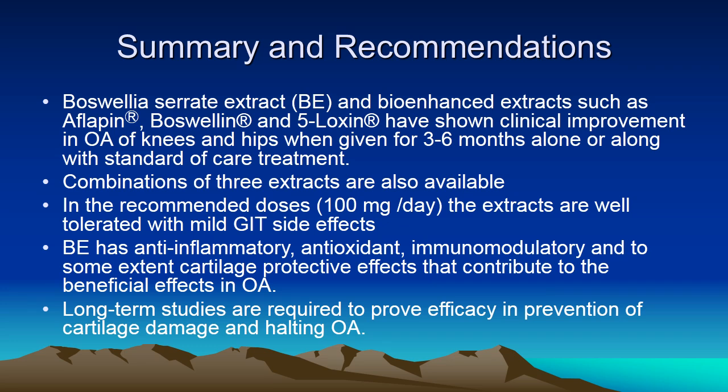In the recommended doses of 100 mg per day, the purified extract is well tolerated and may cause mild GIT effects. The extract has anti-inflammatory, antioxidant, immunomodulatory, and some cartilage protective effects, and that may contribute to efficacy in osteoarthritis. Long-term studies are required to prove efficacy in prevention of cartilage damage and halting the progress of osteoarthritis.